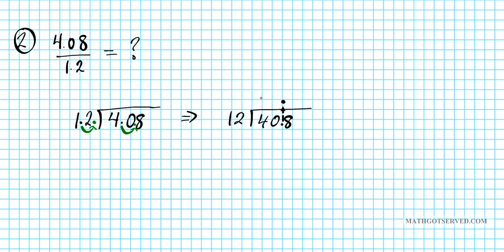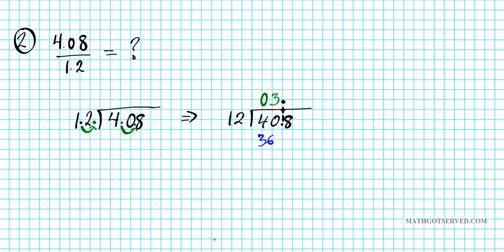Let's put the 0. 12 goes into 40 how many times? 12 goes into 40 3 times, because 3 times 12 is 36, and 4 times 12 is 48, which is too big. So 3 times 12 is 36.